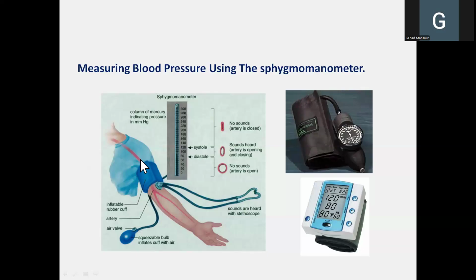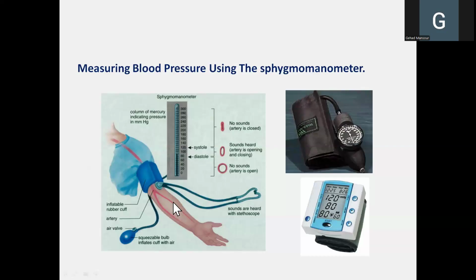As we said before, the brachial artery lies in the upper arm. We select the left brachial artery because it's closer to the heart than the right brachial artery. All these precautions are taken, being close to the heart and on the left side, to make the pressure we are measuring the most representative of the pressure in the aorta.